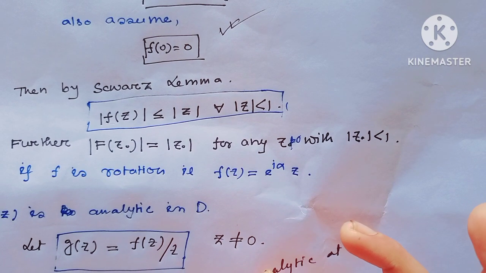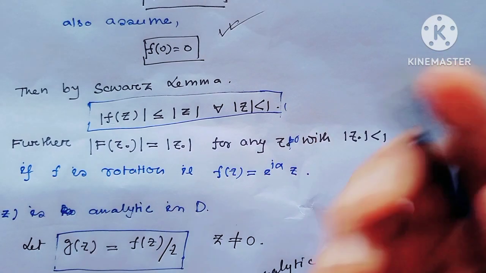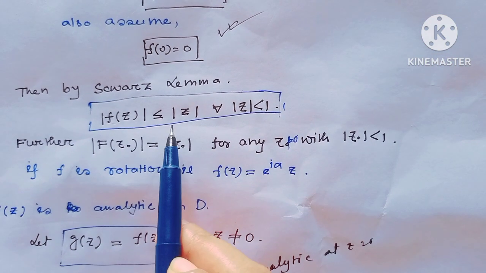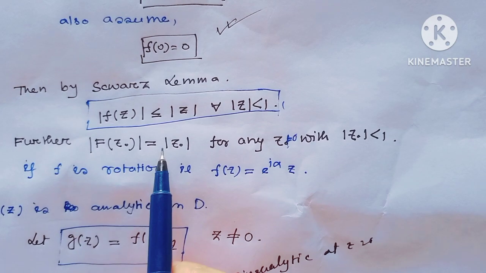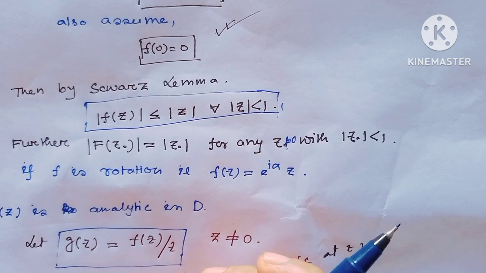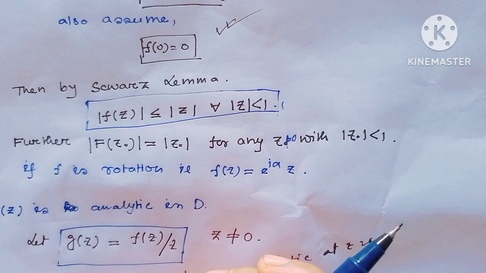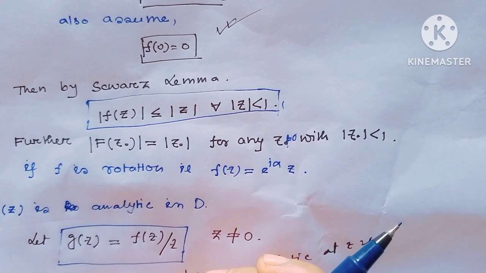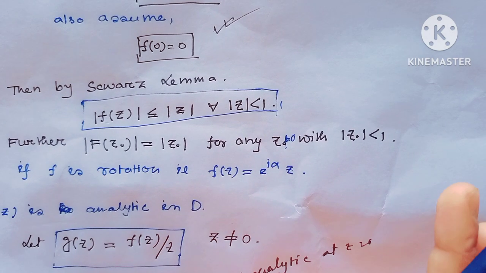is less than or equal to modulus of z, and this is true for all |z| less than 1. That means by Schwarz Lemma this is actually strictly contractive, because modulus of f(z) is less than or equal to modulus of z, and when the equality sign holds, modulus of f(z) equals modulus of z, then f is a rotation, and this is true for all z.